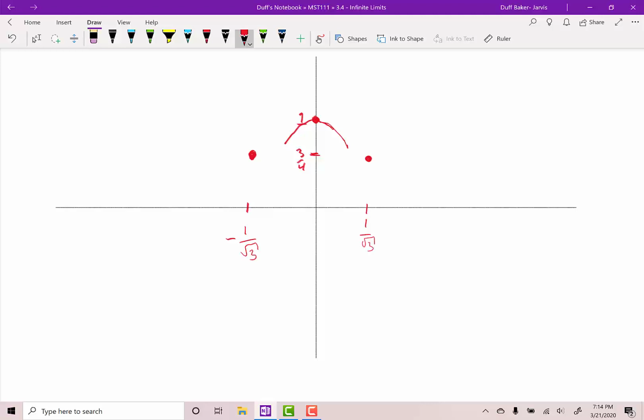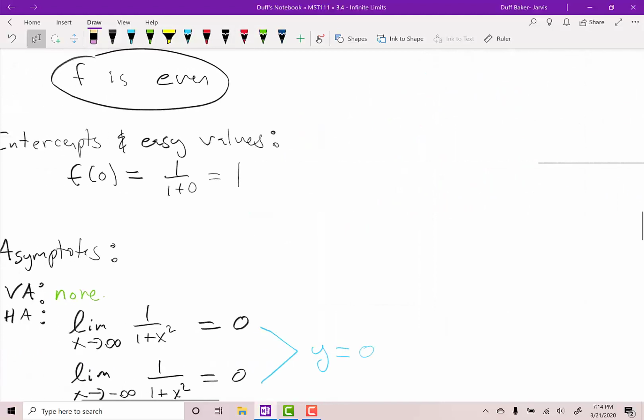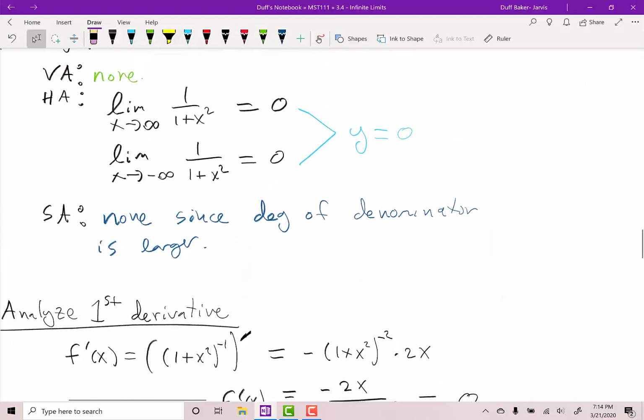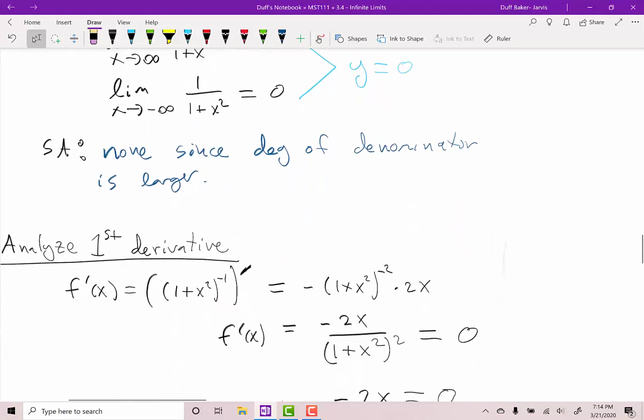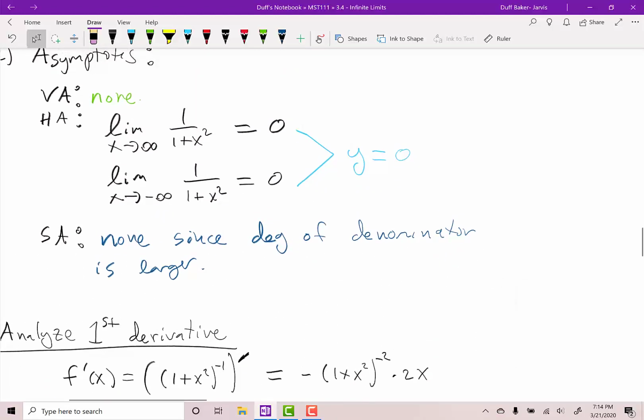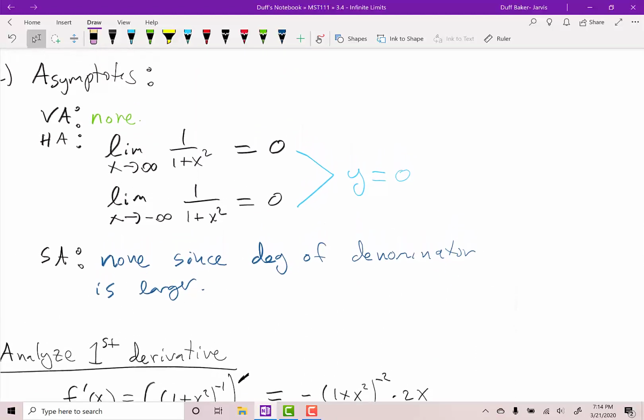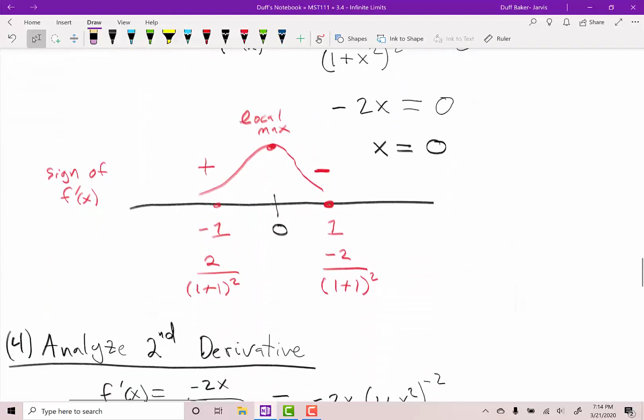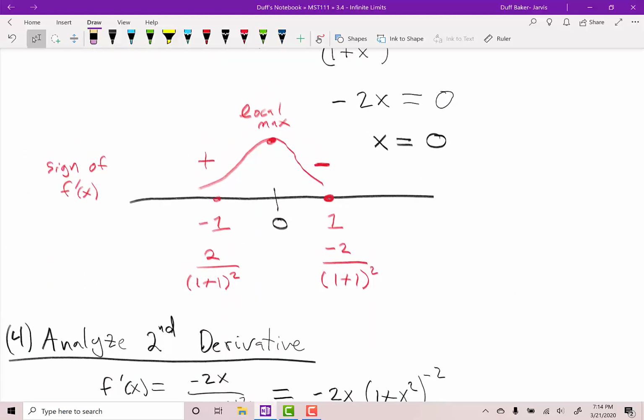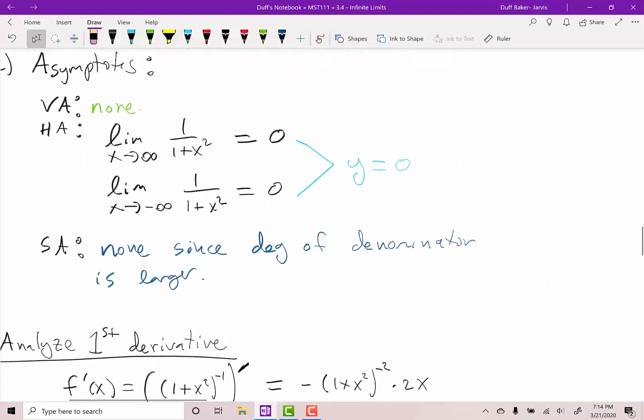And now let's think about what we learned. We learned that as x goes to infinity, the function will approach 0, and because we know all these numbers are always positive, it'll never go below 0, so it approaches from above.